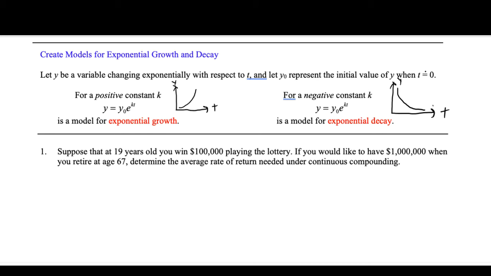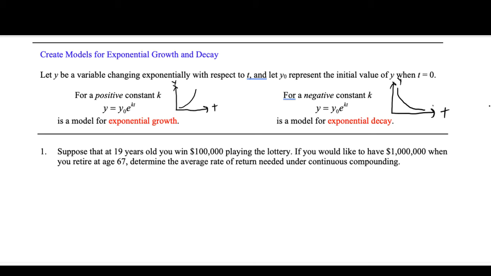Over time the amount of radioactive material becomes less and less, but it never quite gets to 0. It exhibits that asymptotic behavior where it gets closer and closer to 0, but never quite gets there. So what we're going to do is work out a few examples involving exponential growth and decay.